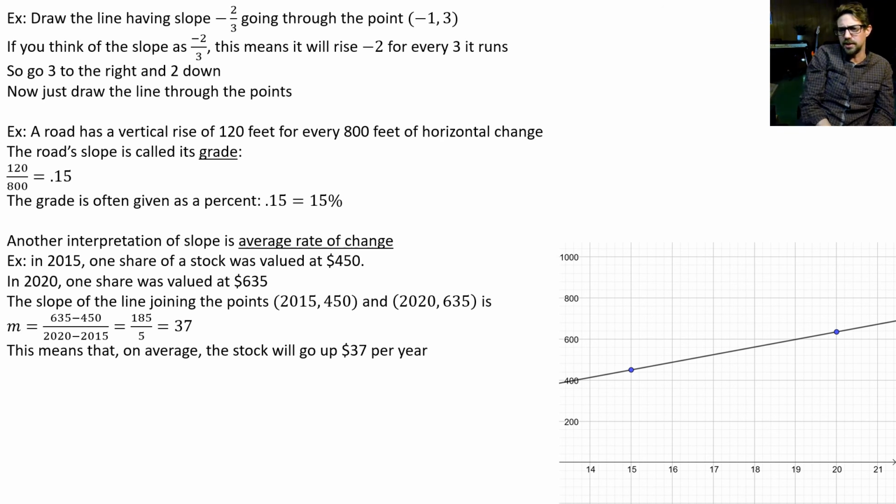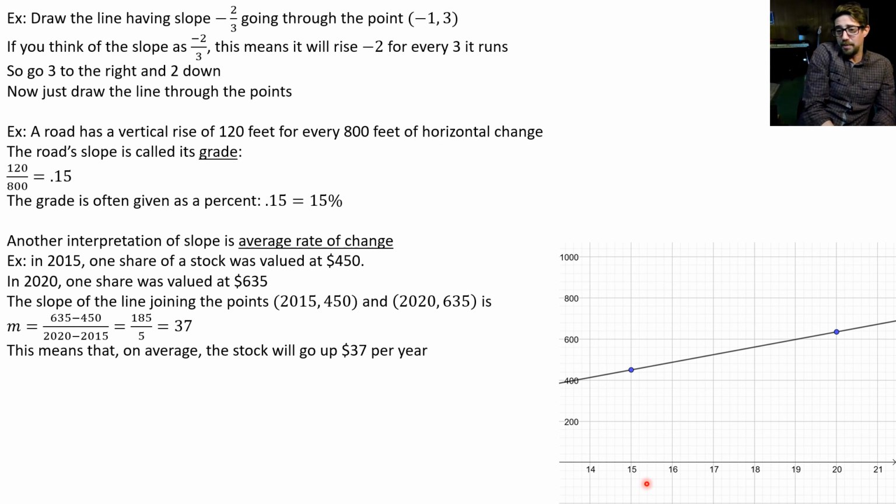So let's note a couple things on this cute little graph I made. Notice this is the number 15 and not the number 2015. There's absolutely nothing wrong with starting time at whatever suits you. If we always started time at the year 0, that's like biblical time, right? So we don't know a lot about what was happening then. We know what was happening in the last 20, 30 years.